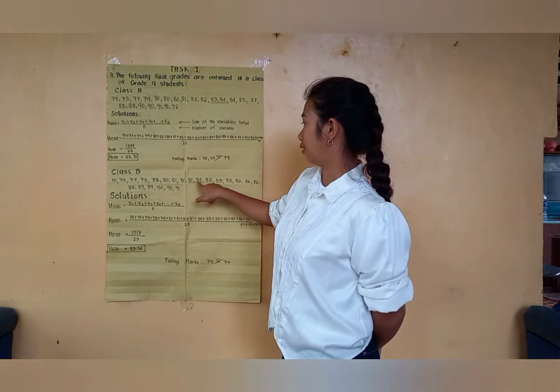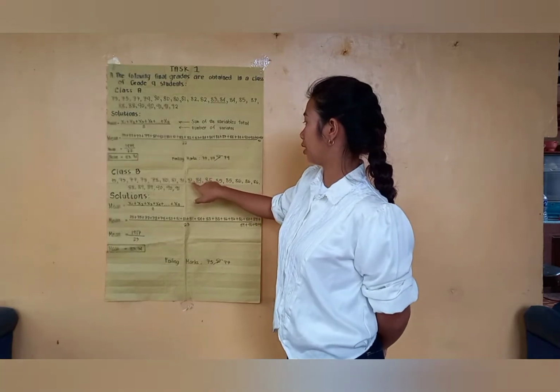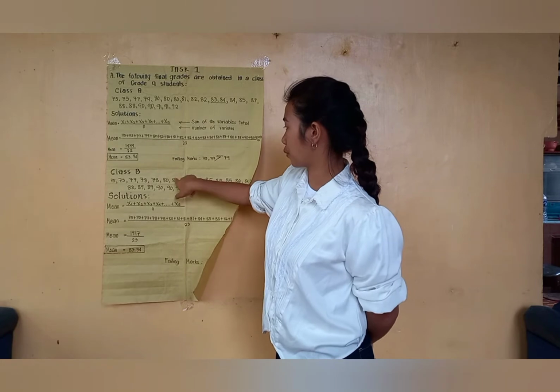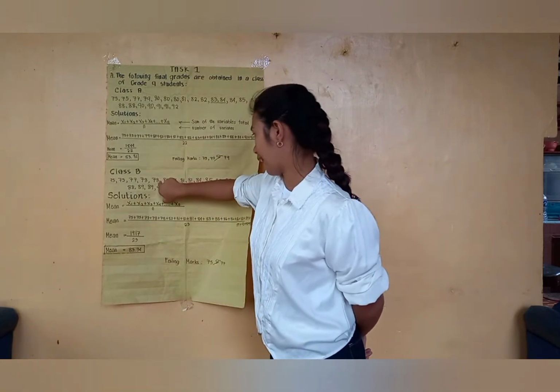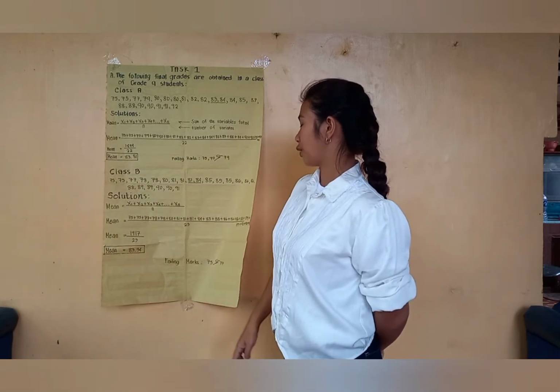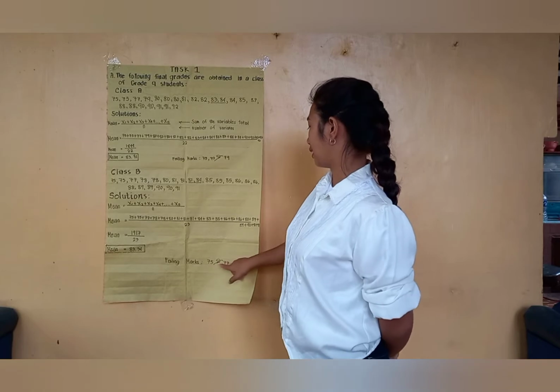So our mean is in the middle of 81 and 84. So we start here in 81, 1, 2, 3, 4, 5, 6, 7. So our failing marks are 75 and 77.